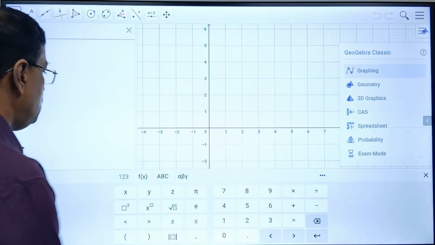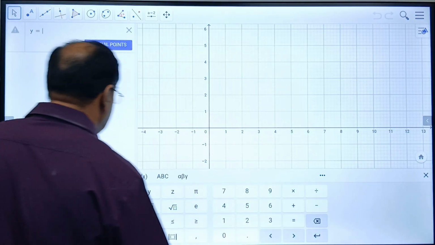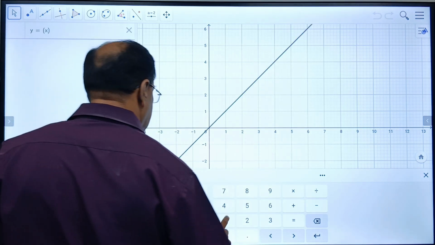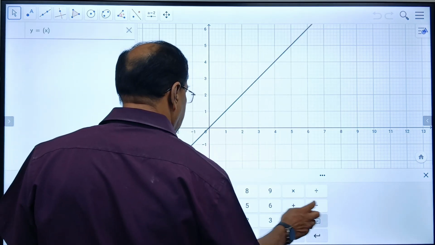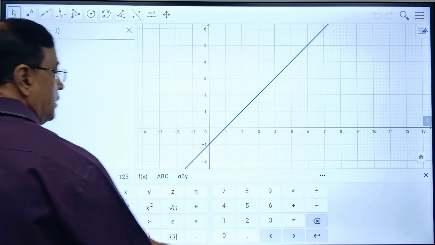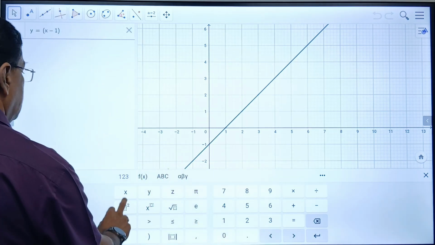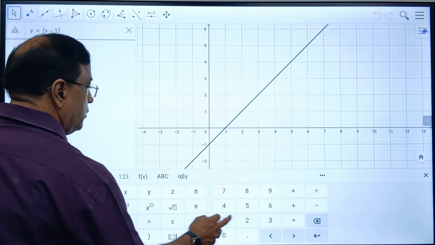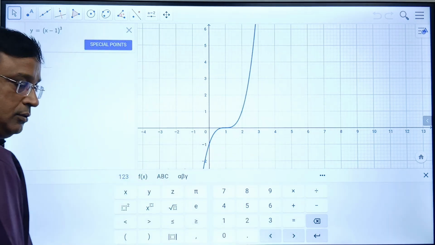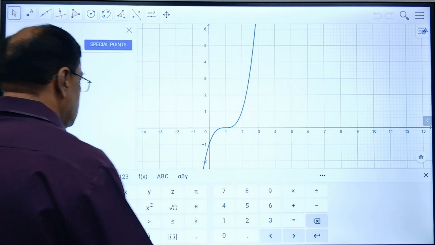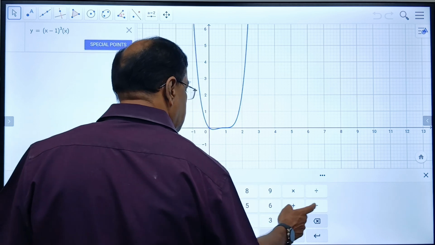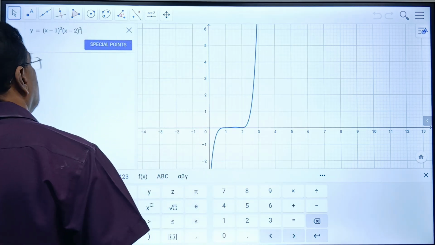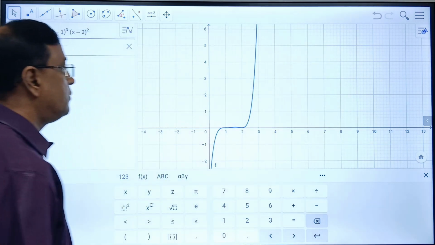Let us have a visualization of this graph. So what is the function? y equals (x minus 1) whole cube into (x minus 2) the whole square. So this is the graph.